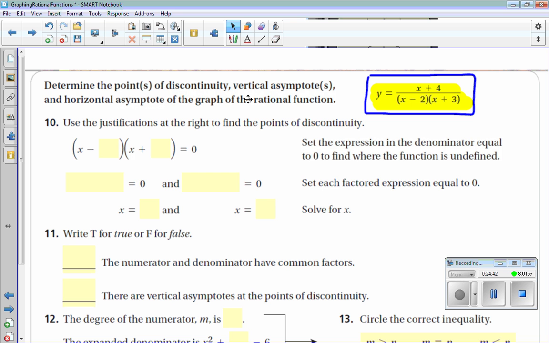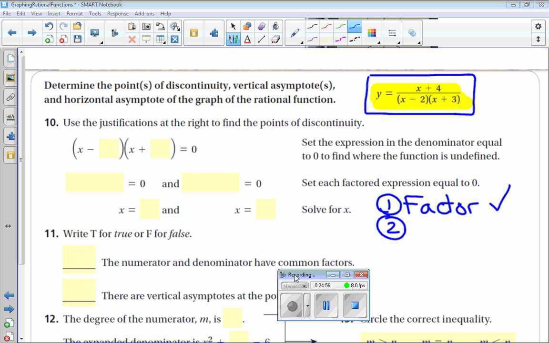So the first thing we want to check for, well, let's just write the steps down. If it's not in factored form, you need to factor it. So step 1, we're going to factor. It's already factored, so we're going to move on to step 2. Step 2 is to check for holes.